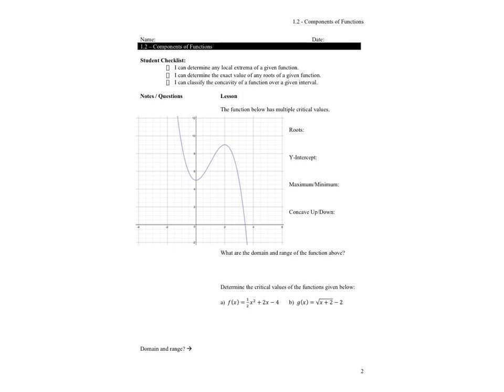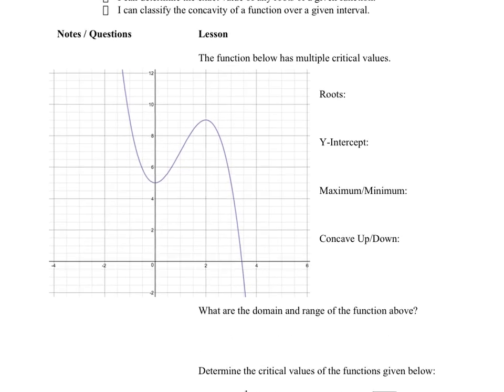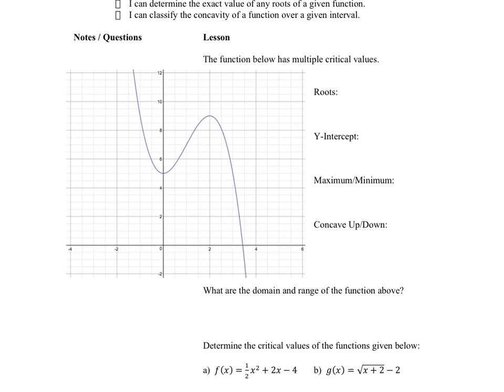So going to roots. The roots of a function, as I'm sure you recall, are any point where the function touches the x-axis. So for instance, this would be one of our roots right here. This function doesn't actually touch the x-axis anywhere else, so it doesn't have any other real roots, but we will talk later about some other different types of roots that it has.